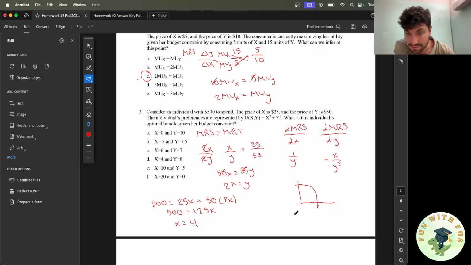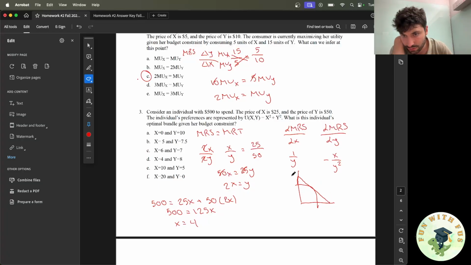One lesson about concave curves is that they always have a corner solution. Why that's the case is because on a corner solution, you're always trying to find the tangency, and the tangency is going to be right in the middle, right there.